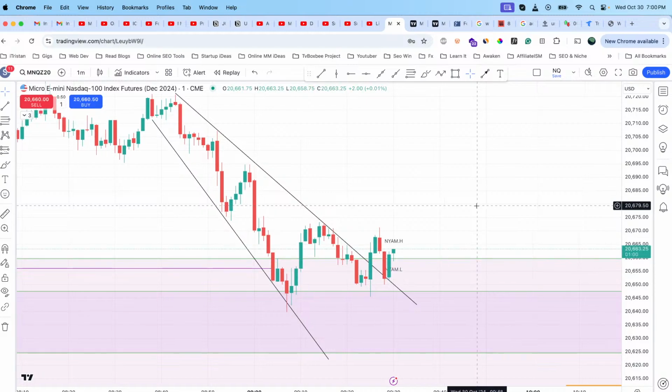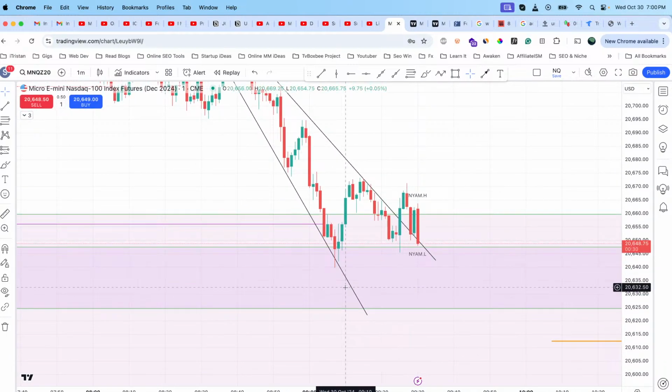Looks like a jump. No jump. Okay, to the downside we go, which is really good. If we go to the downside, we take out this low, the previous one here.